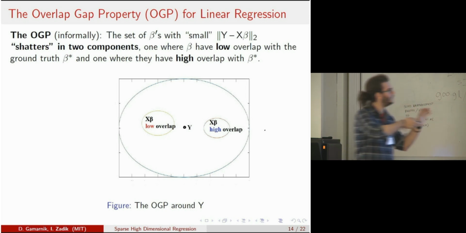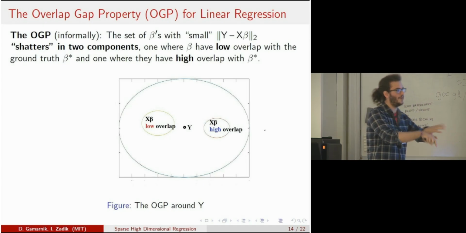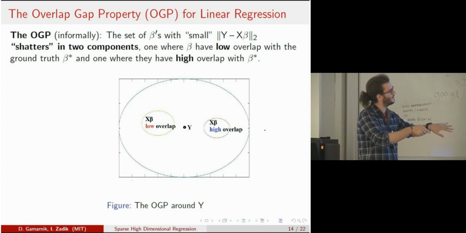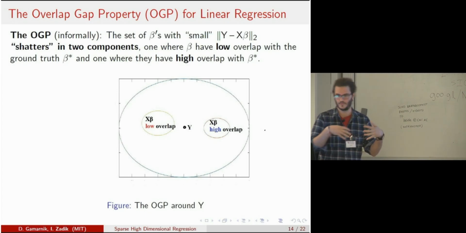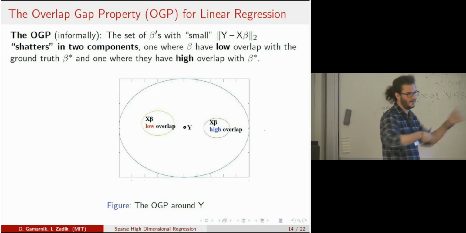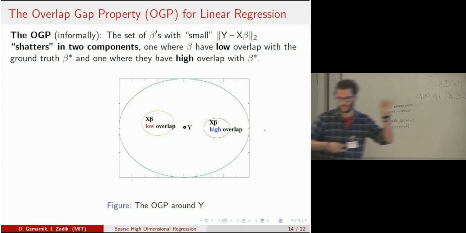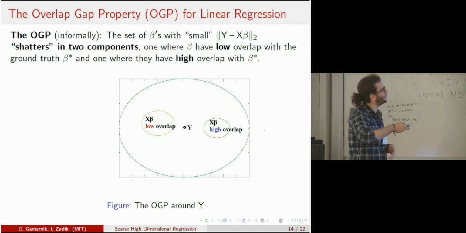If you take all the x betas inside the ball around y, then you can split them into 2 groups. On one side are the x betas where the betas have very low overlap with beta star, with very few ones in common with beta star. But in the other group, you see very high overlap. Overlap is the definition I gave just before: how many ones you have in common with beta star. So there is a very clear distinction.